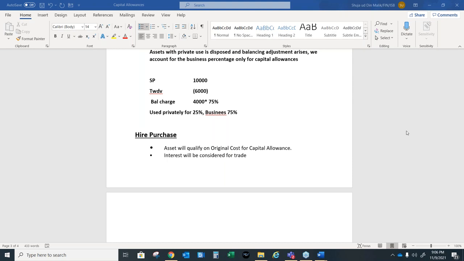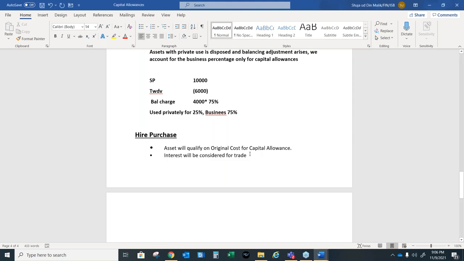Hire purchase assets are the assets we purchase by not paying their full price, or by involving any mode of finance. When we opt for any mode of finance, there are finance charges.